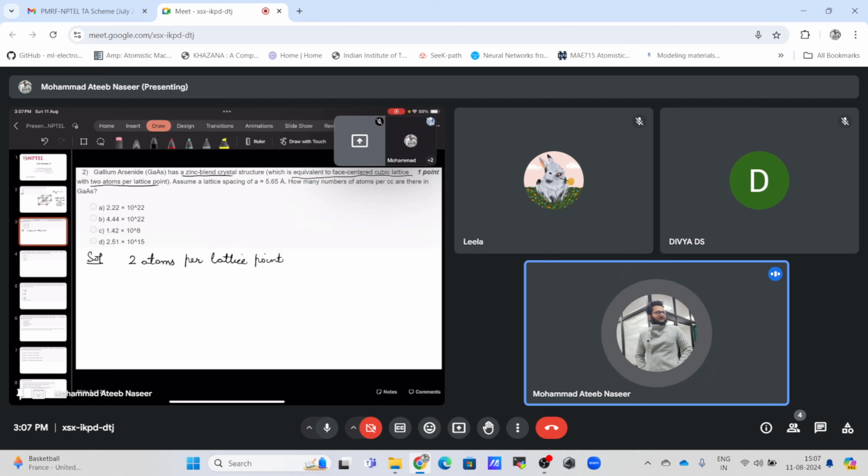So in total we have 8 into 1 by 8 plus 6 into 1 by 2, which comes out to be 1 plus 3, simply 4. So this FCC has 4 lattice points per unit cell.